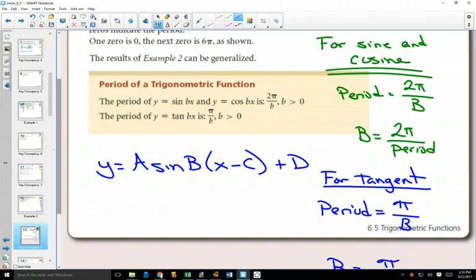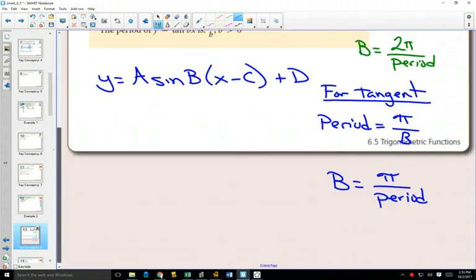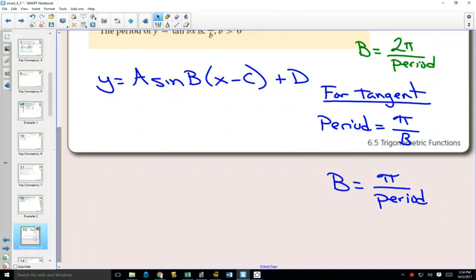And then C will be our horizontal shifts and D will be our vertical shifts. Some of you got that. A for amplitude, B for period.